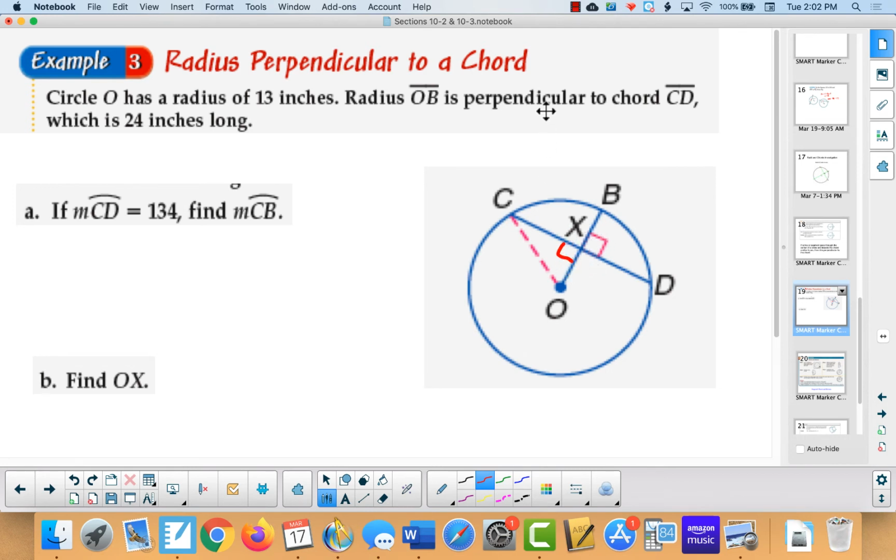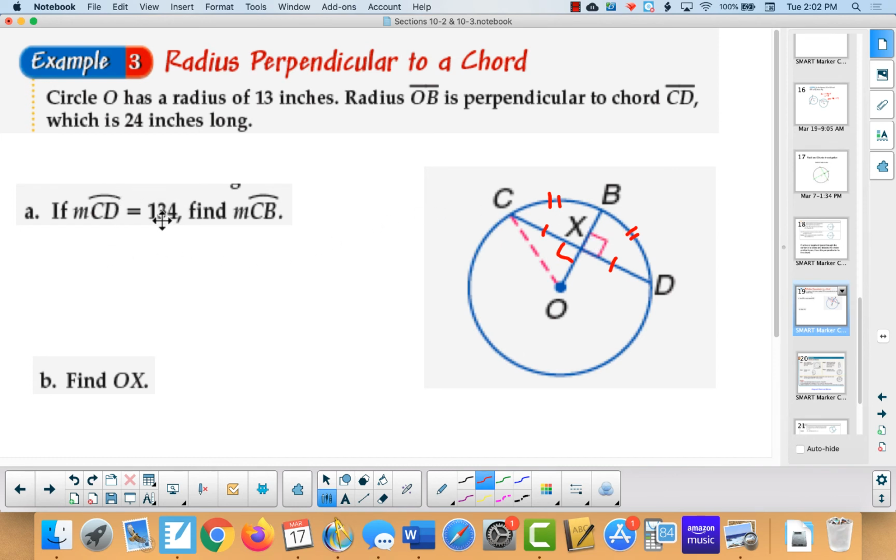Also, we know because radius OB is perpendicular to chord CD, from the theorem we just learned, we know it bisects chord CD. So we know CX and XD are congruent. And we know it bisects these arcs, so arc CB and arc BD are congruent to each other. So we're going to use that for this first one.